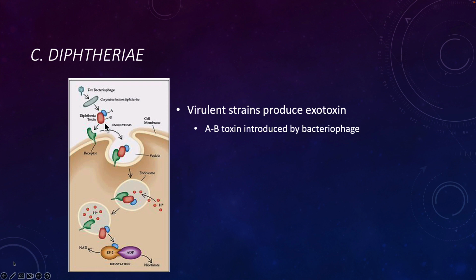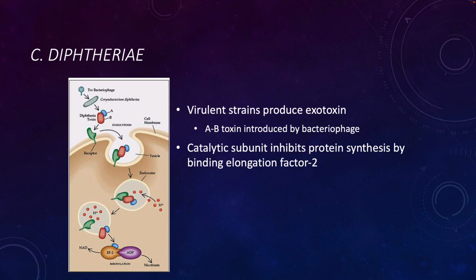With AB toxins, the B domain binds to a receptor on our host cells. The A domain is the active domain or action domain that gets internalized and does whatever effect it is that it's going to do. In the case of Corynebacterium diphtheriae and diphtheria toxin, the effect of this toxin is to inhibit protein synthesis by interfering with elongation.